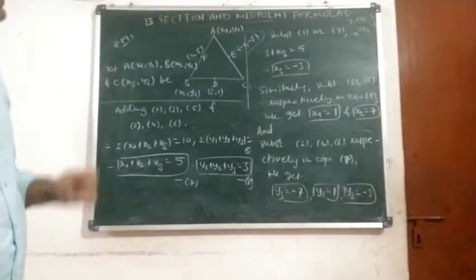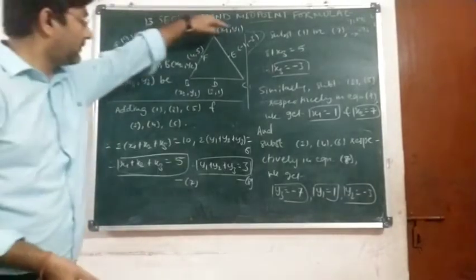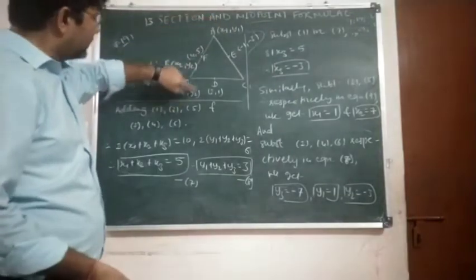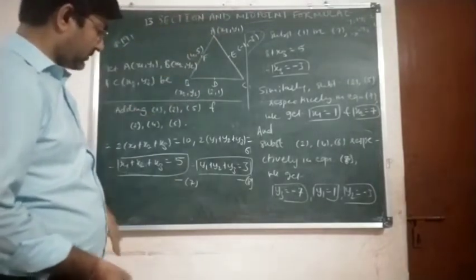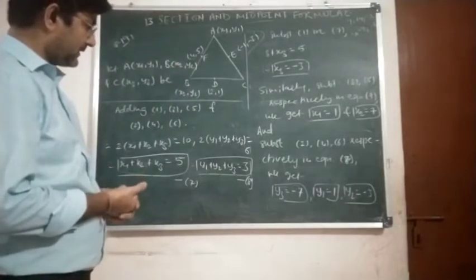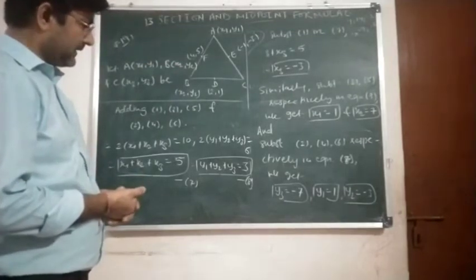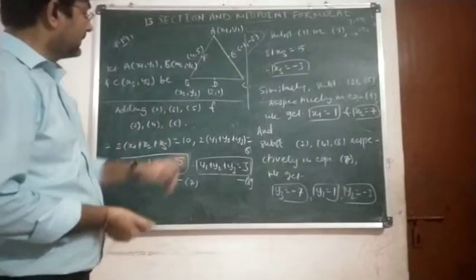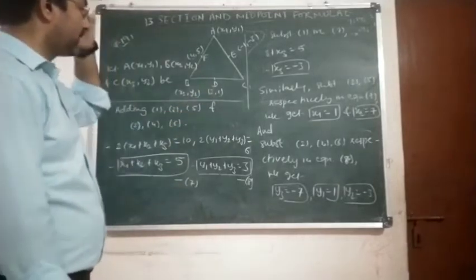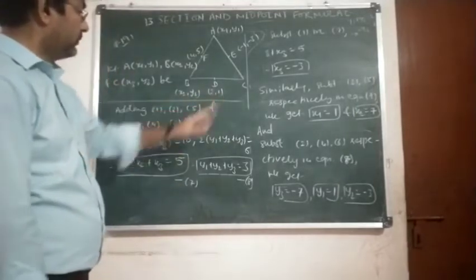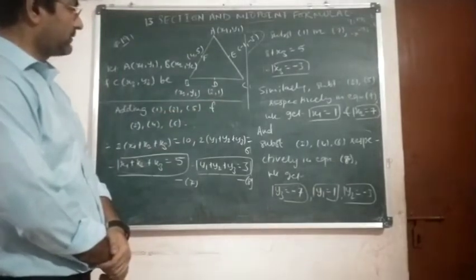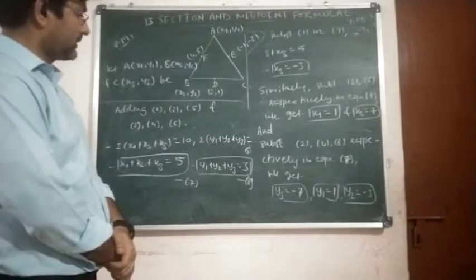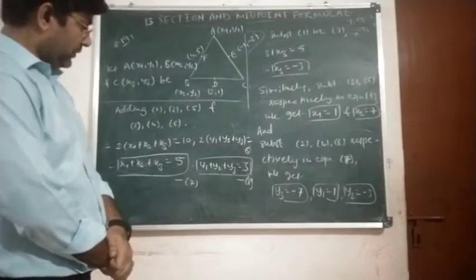Okay, again let us find out what was the value of y1 plus y2. (y1 plus y2) by 2 is equal to 5, so y1 plus y2 is 10. 10 minus 3, minus 7. That is right. Then y2 plus y3: (y2 plus y3) by 2 was 1, so y2 plus y3 is 2.